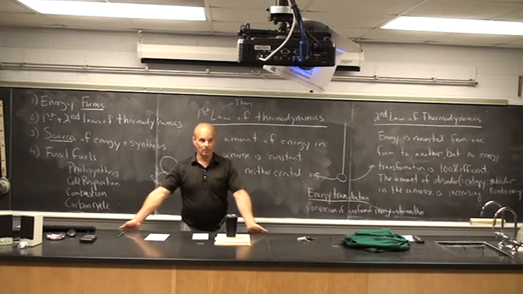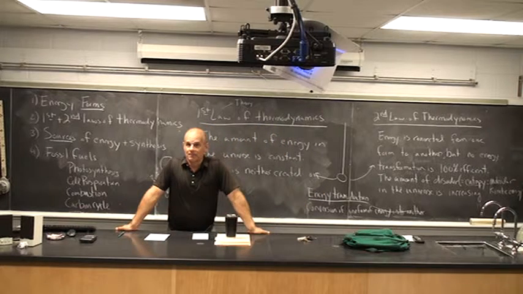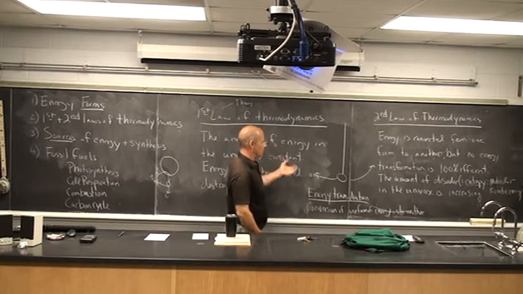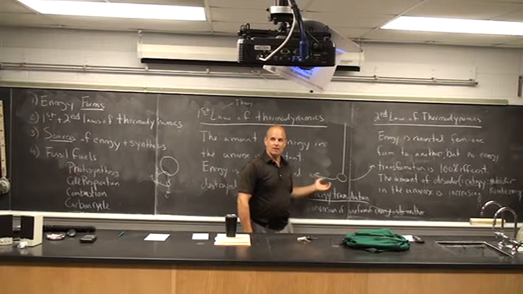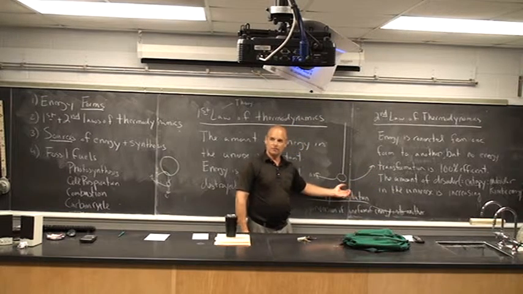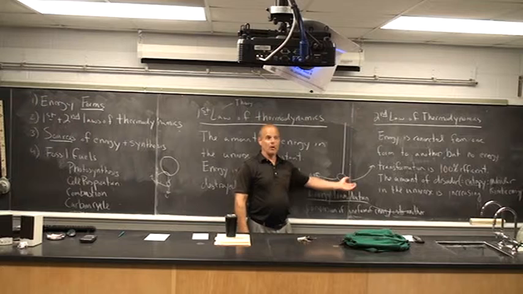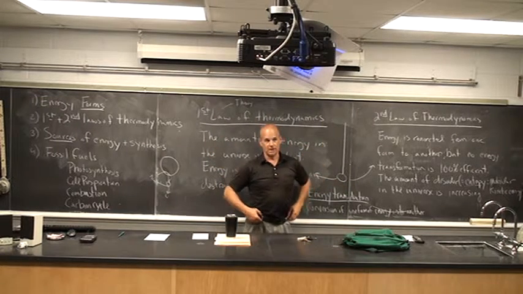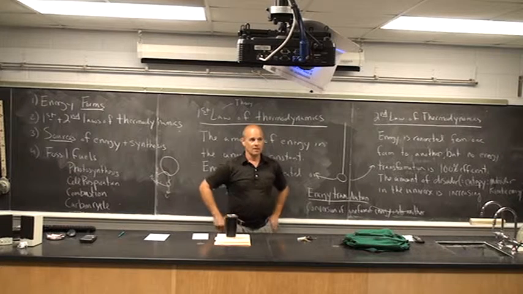And the reason the pendulum stops is because of the second law of thermodynamics. Because eventually all of the energy of the motion is slowly going to get converted into friction or heat and be lost as heat. And off into the universe it goes, not to be used again.